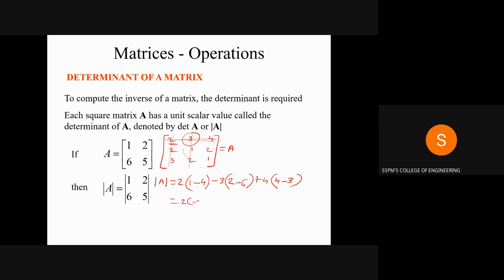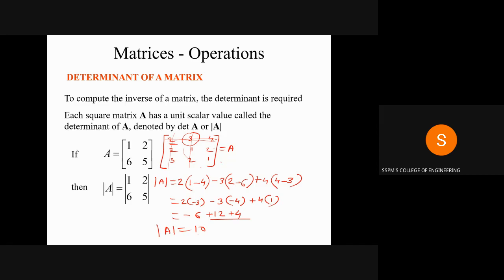So 2 into minus 3 is minus 6, minus 3 into minus 4 it is plus 12, plus 4 into 1 it is 4. Therefore 12 plus 4 is 16, 16 minus 6 is 10. Therefore determinant of A is equal to 10.